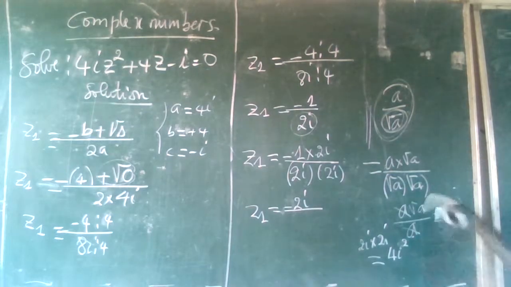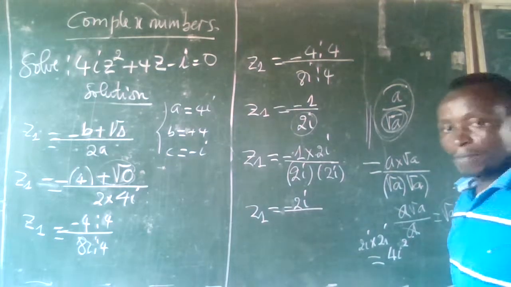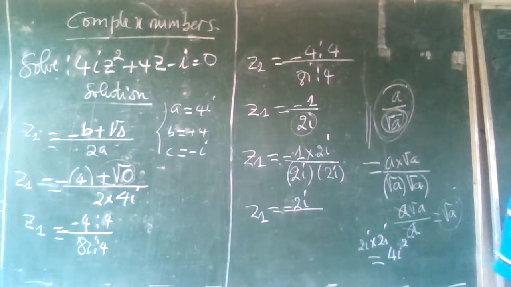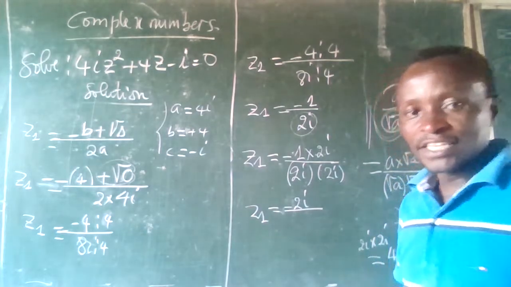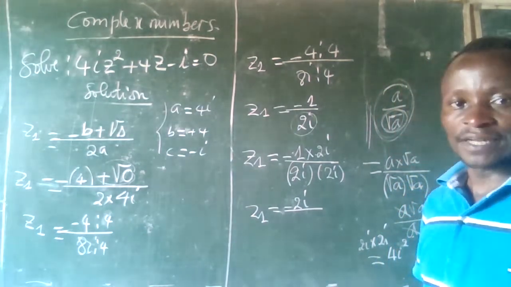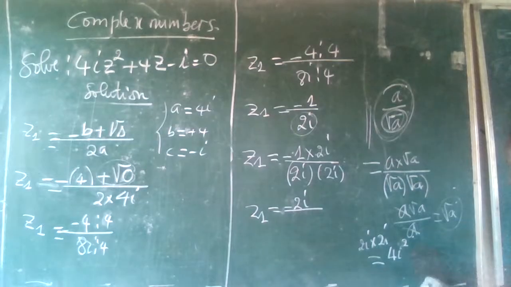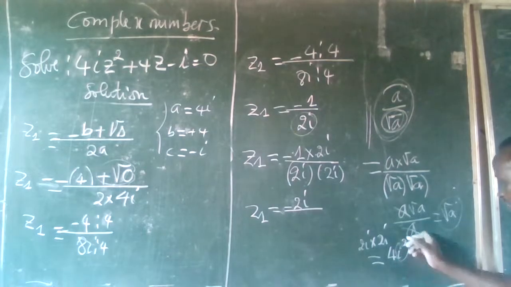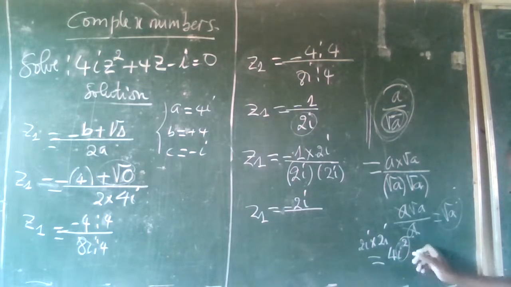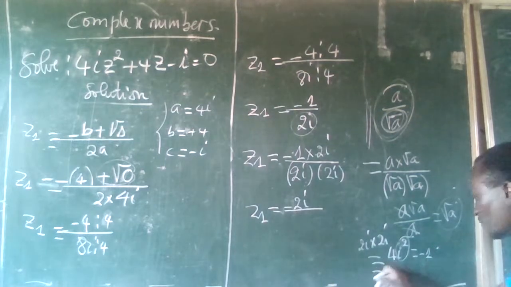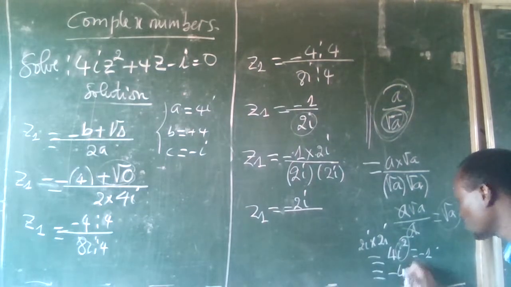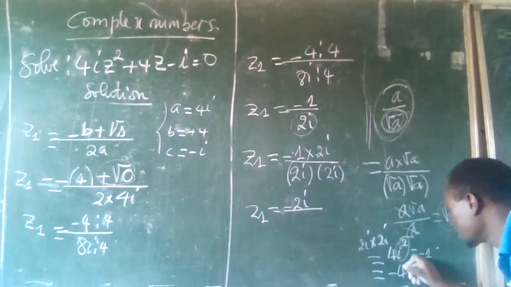Now finally, remember that I told you that if you have i squared, it is equal to minus 1, right? Good. Now we have i squared, or i power 2, is equal to minus 1. Finally, we should have minus 4.